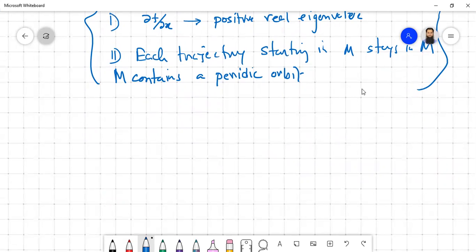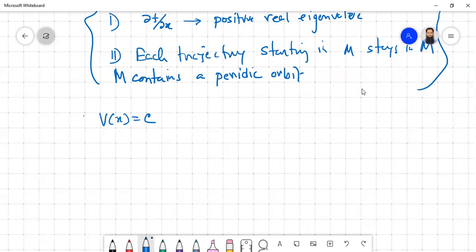So how to investigate the behavior of the trajectory that is trapped inside M? To discuss the behavior, the tool that you can use is, say, consider a closed curve defined by V(x) equal to C, where V(x) is continuously differentiable, so analytic.